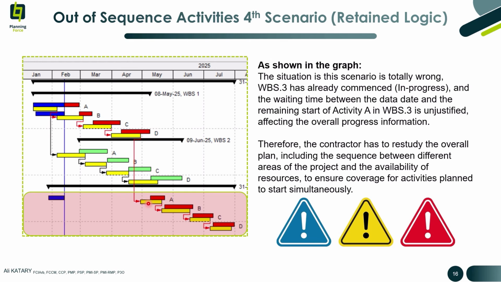It's not logical, and this is affecting the overall progress information. Therefore, the contractor has to restudy the overall plan, including the sequence between different areas of the project and the availability of resources to ensure coverage for activities planned to start at the same time or at the same period.